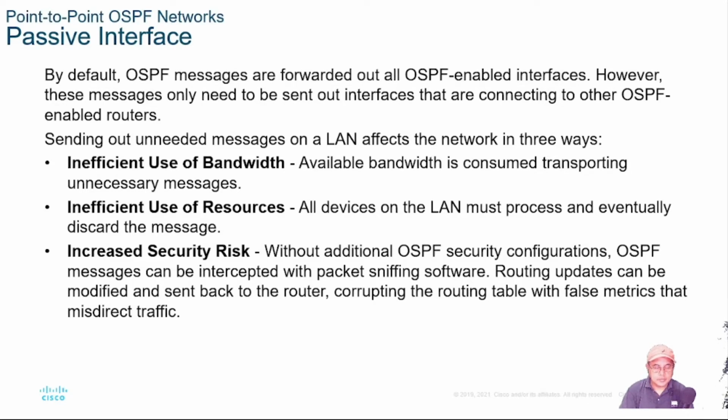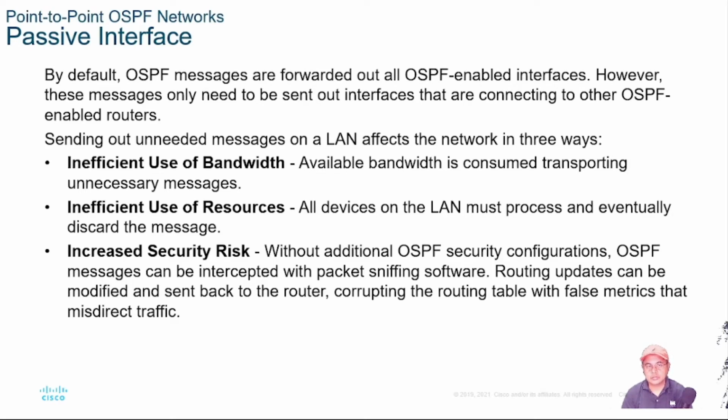What is a passive interface? By default, OSPF messages are forwarded out all OSPF enabled interfaces. However, these messages only need to be sent out interfaces that are connecting to OSPF enabled routers.